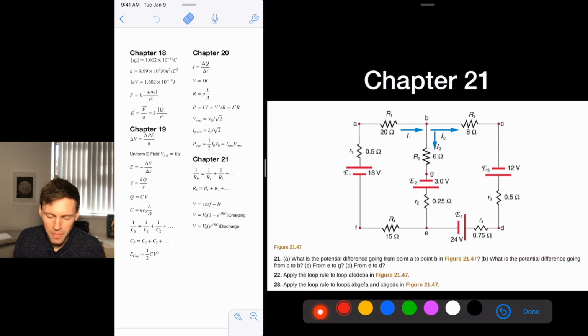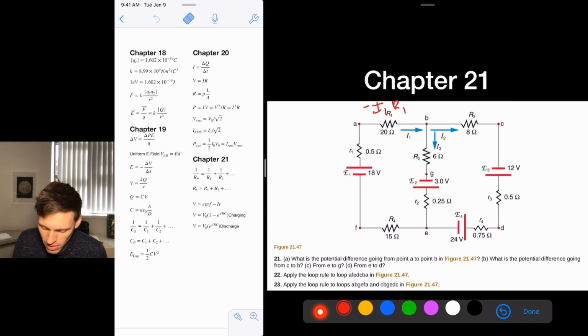In this type of problem, I'll give you some A, B, C, D options, and you'll just have to choose the one that adds them up correctly. For example, what is the potential going from point A to point B? That is just the current through that resistance. The potential difference from A to B is just minus I1R1, and it's minus because the current is in that direction, so the voltage drop is opposite the direction of the current.